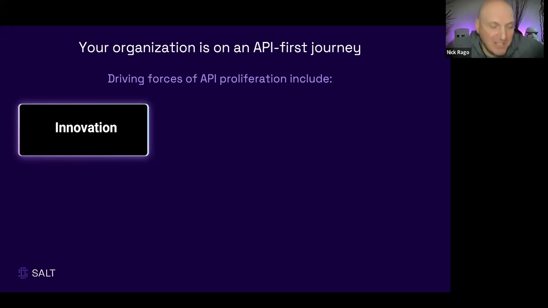And you said something interesting at the beginning of this. When I talk to a lot of companies, organizations and peers in the industry about their API journey, a lot of organizations still have not come to the realization that they are on an API-first journey, and they are already there today. APIs have already proliferated around their organization, their businesses rely on them, and everything they're doing from a delivery standpoint relies on them.